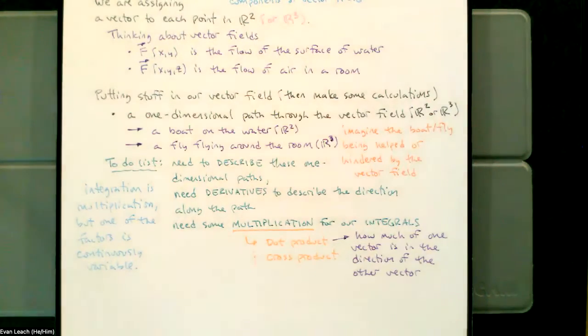In the cross product, well, we'll have to think about this for a little bit longer. But for our setup, flow of water, flow of air, path through, this dot product seems to be exactly the right thing that we need.